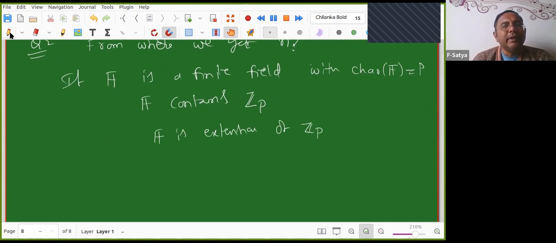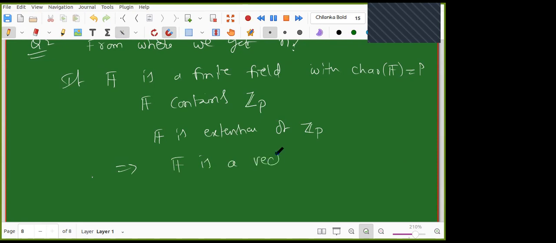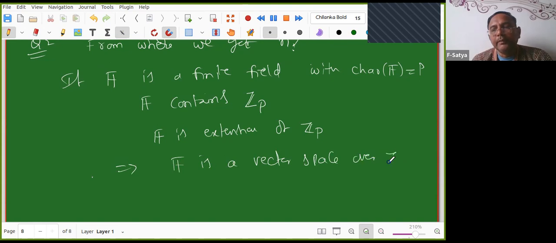If it is an extension of ZP, then what happens? F is a vector space over ZP.